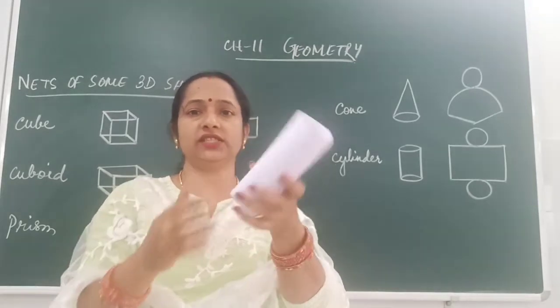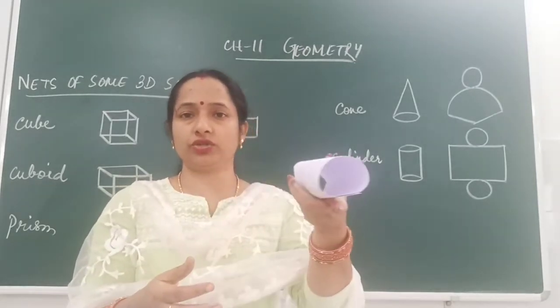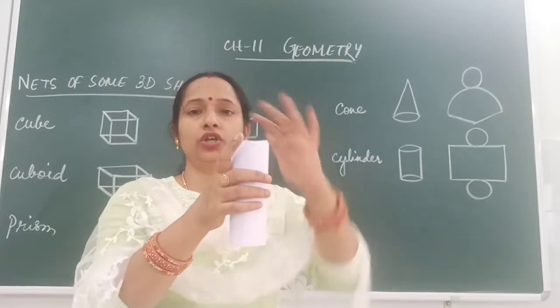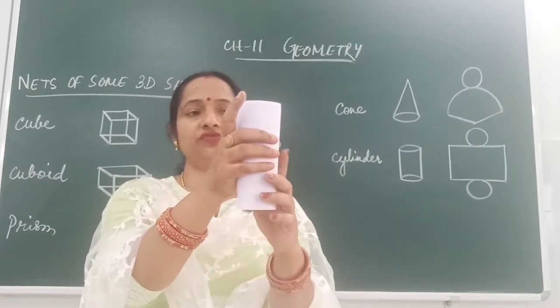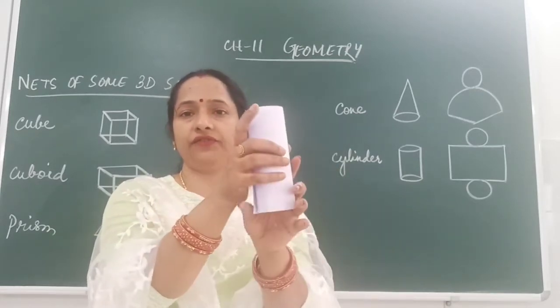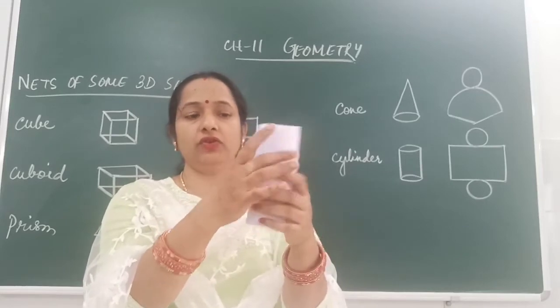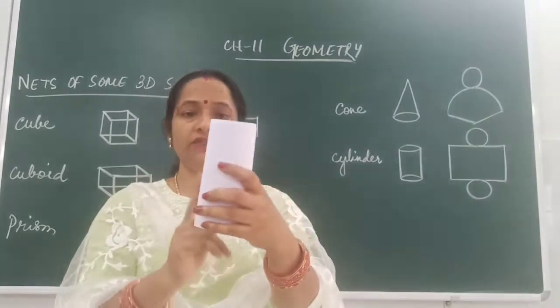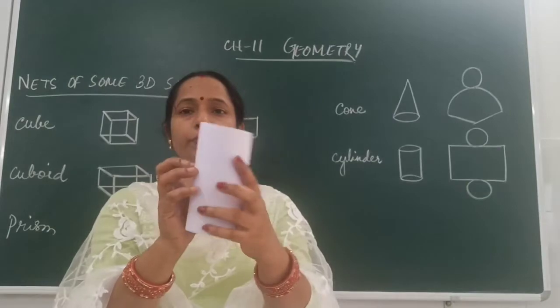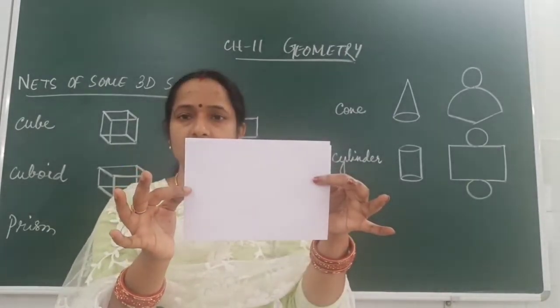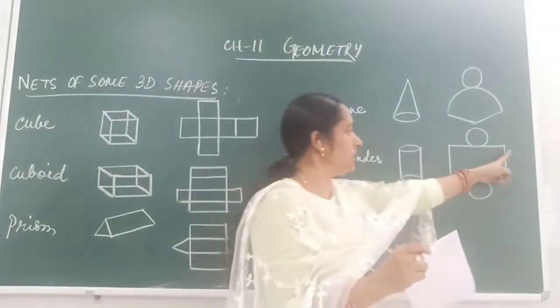This face is a circular face, and this face is also a circular face. So the top and bottom are circular faces, whereas this is the curved surface. Now if I cut from here and open this, what shape do I get? I get a rectangular shape, which you find here.